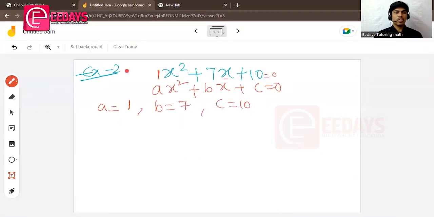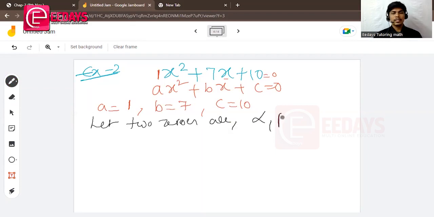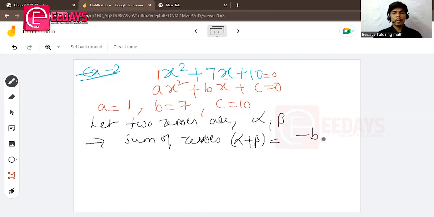I think you know how to find the zeros, right? Let the two zeros be alpha comma beta. Now the sum of zeros, that is alpha plus beta, is equal to minus b by a.